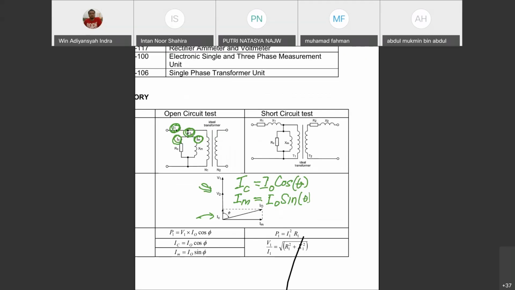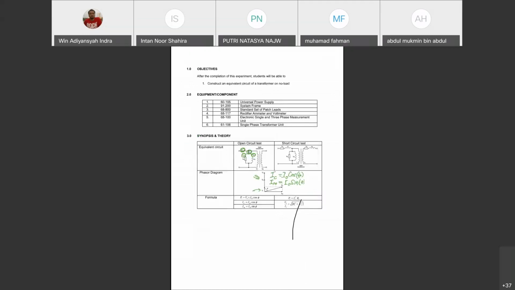What is IO? IO is the primary current, which you get from the experiment. The angle you get from the previous answer.